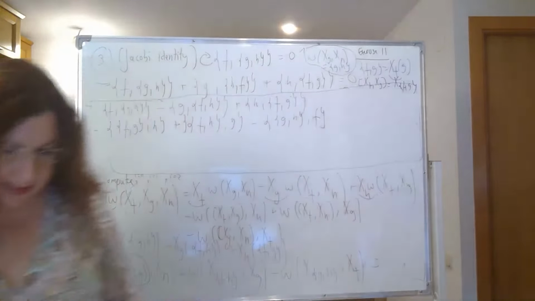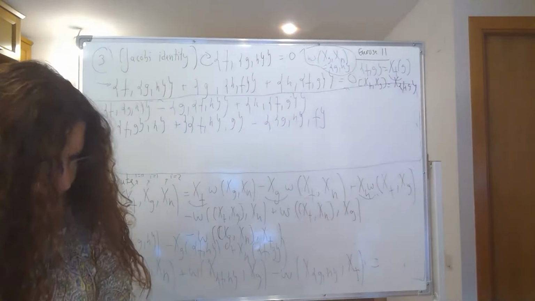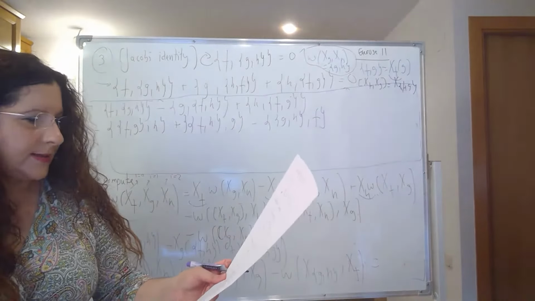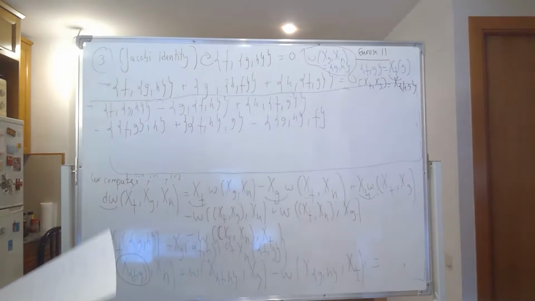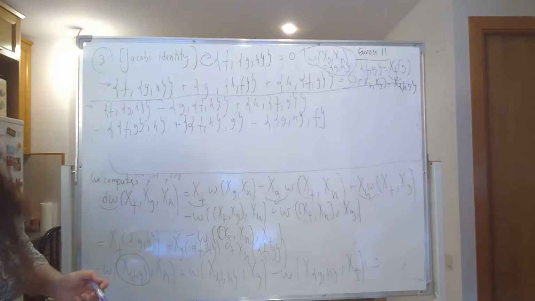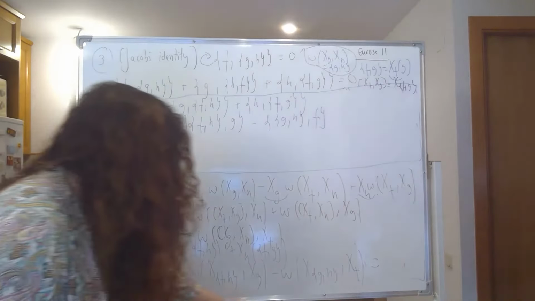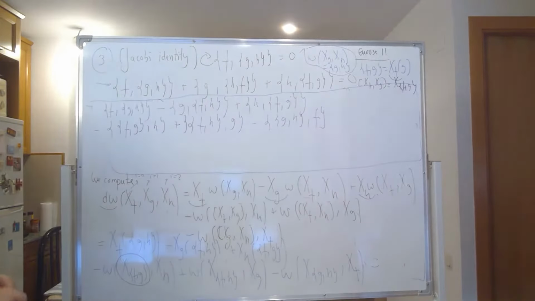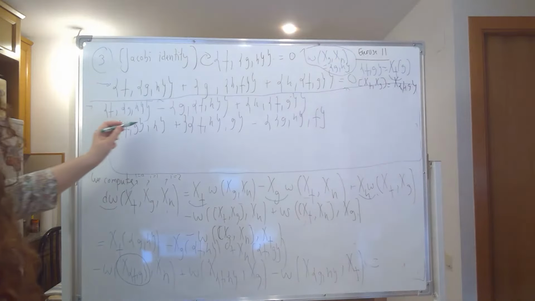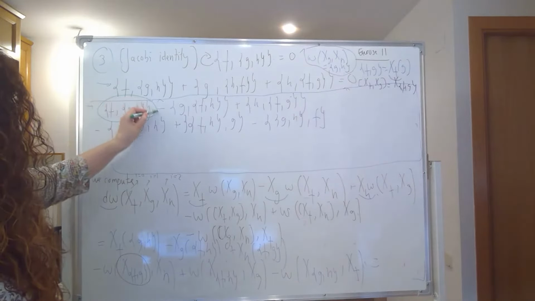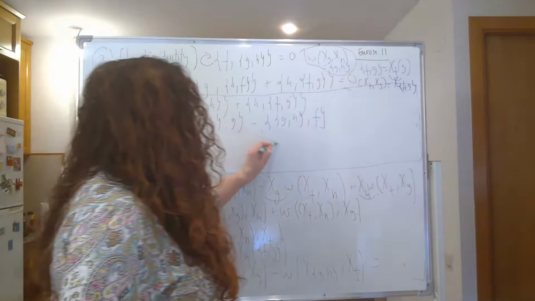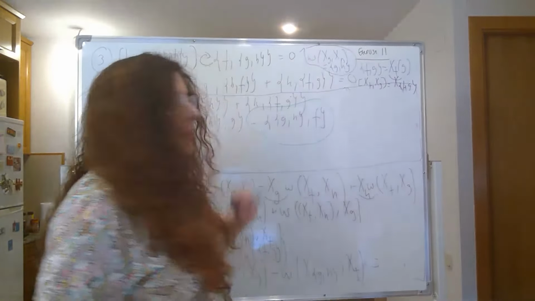And now I have all these guys, but I have to be a bit patient identifying what is everything. Look, if I look, I have this guy here. Now I need colors. I'm going to use green, hoping that you can see this. I have this F here, okay? And I have this guy here. You see? Yeah.